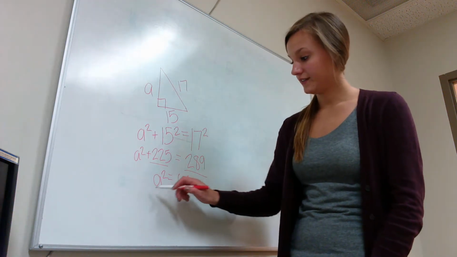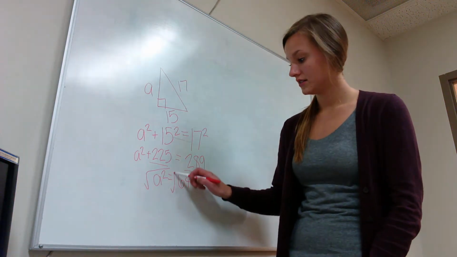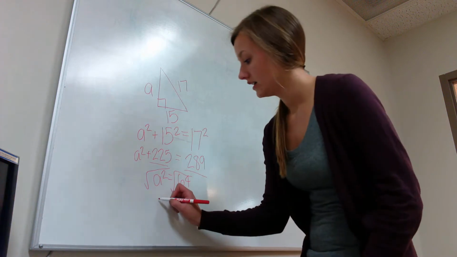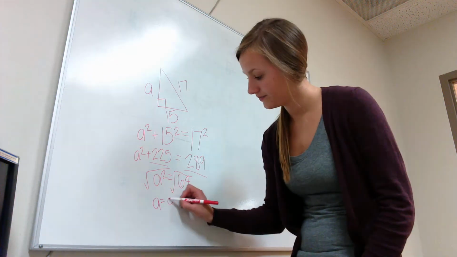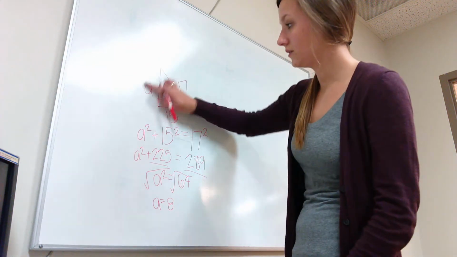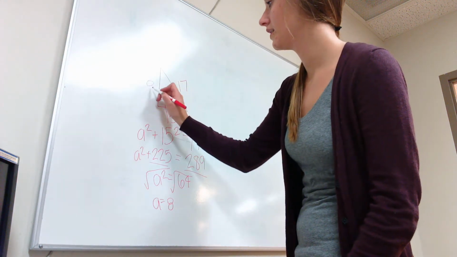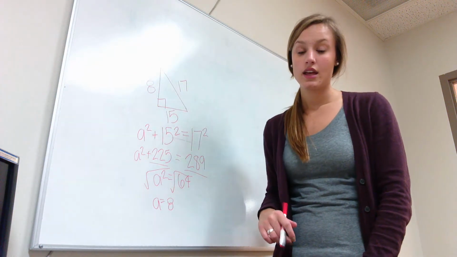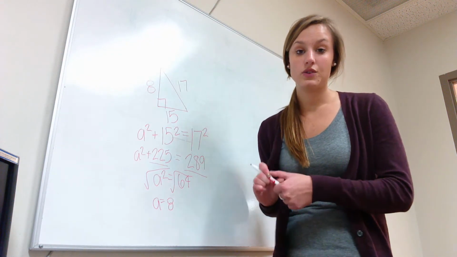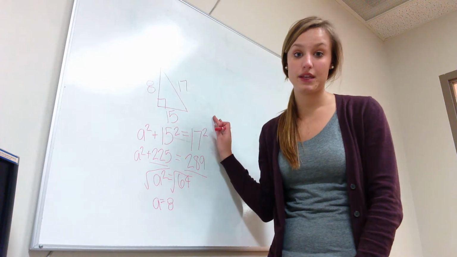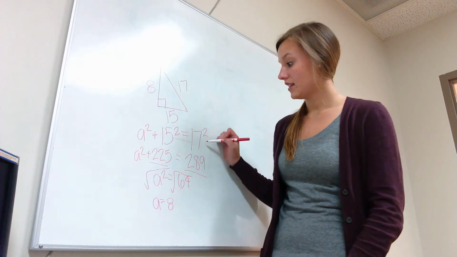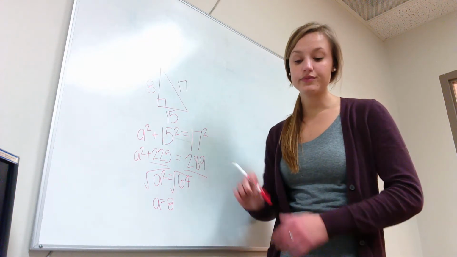Now we have to take the square root to get rid of the square, and the square root of 64 is 8. So again, we can erase our a up here and solve for a. Now to prove this to anyone, you can always just easily put these back into the equation and manipulate the equation until you get these answers.